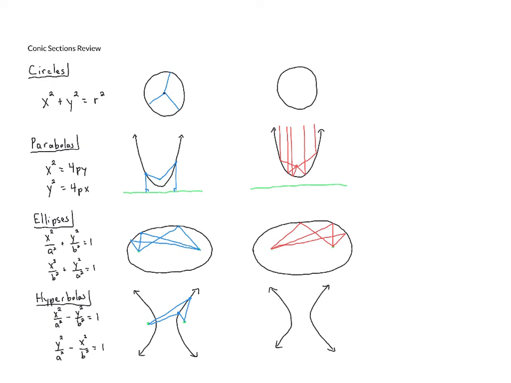Now with a hyperbola, again, we've got the two foci, and anything that is heading towards one of the foci gets reflected off of the hyperbola and heads into the direction of the other focus. So anything that's heading in towards one focus gets reflected off into the direction of the other.